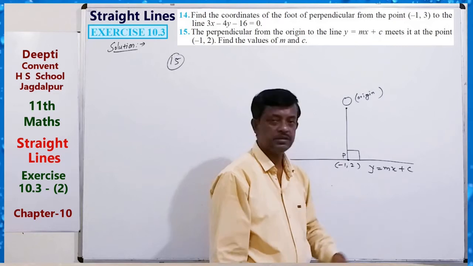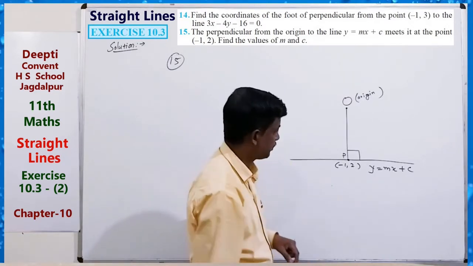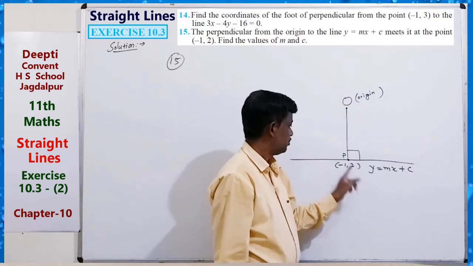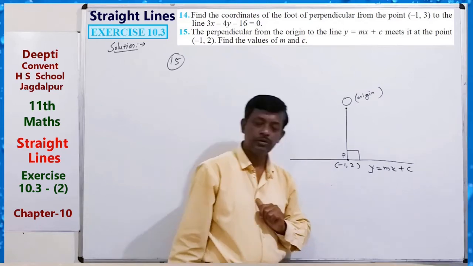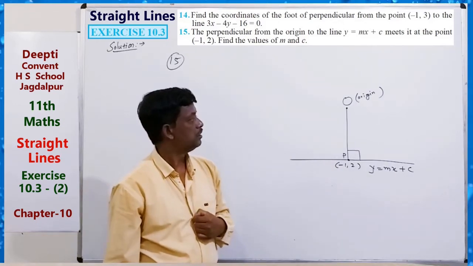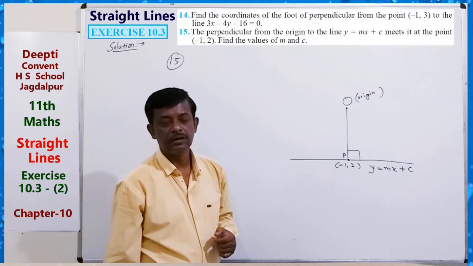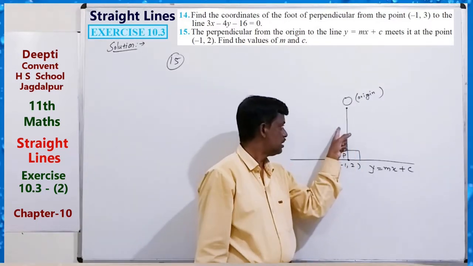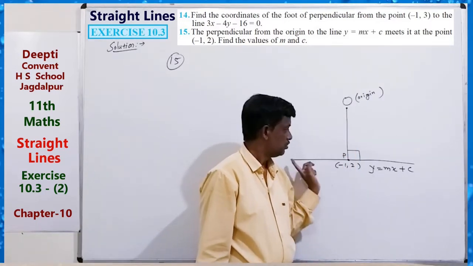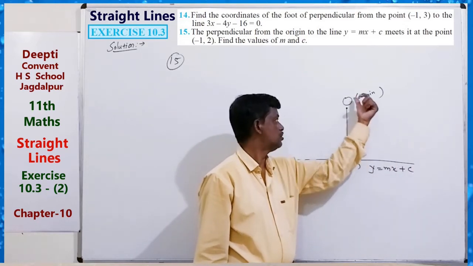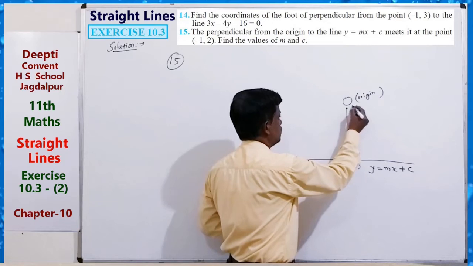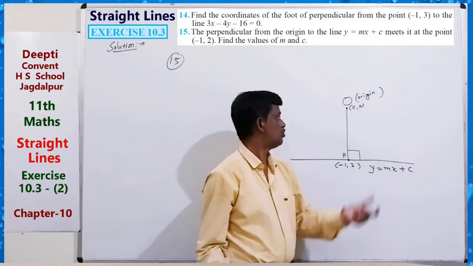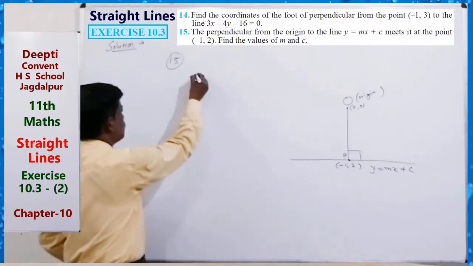Minus 1, 2 satisfies this equation. First of all, the perpendicular from the origin is this, so we can find its slope from the origin 0, 0 and minus 1, 2.